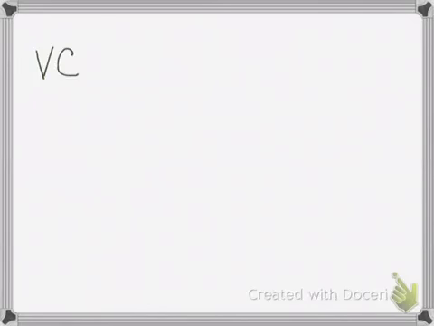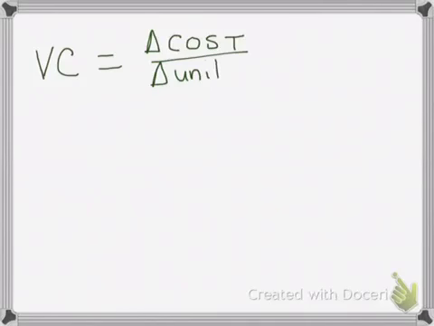So one of the equations that we look at is that we can find variable cost per unit by looking at the change in cost divided by that change in output or that change in units. Now, I do have delta. That triangle means delta. And whenever you see delta, that means change.